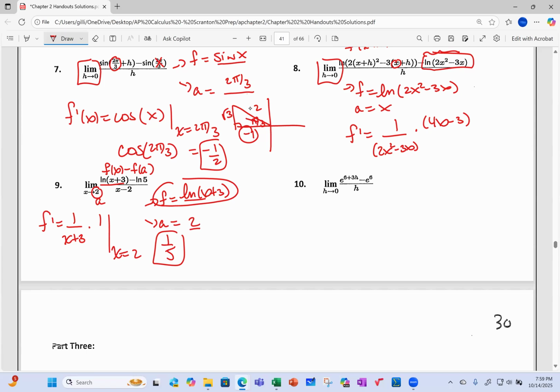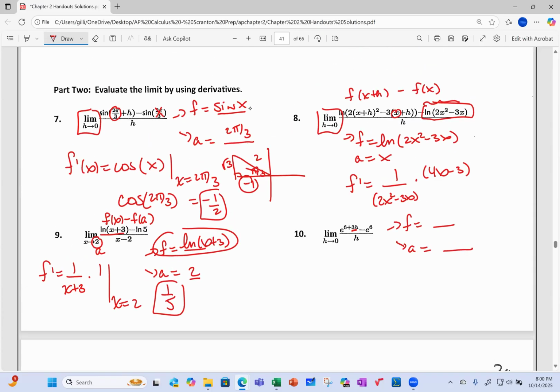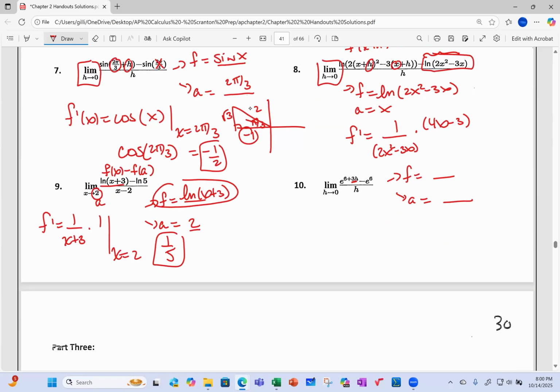And in number 10, what's the function and what's the value of a? This one here actually gets a little tricky. So it's not very easy to identify what a is because they did some kind of distribution here on this one. So here, because it can't be a 3h, to recognize the definition of derivative, it could only be plus an h, okay, in that form. And it's plus 3h.